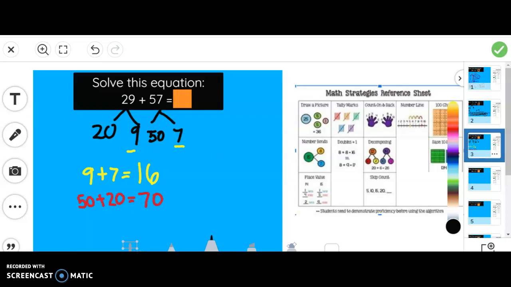When I add 70 with 16, I'm going to break that 16 up into 10 and 6. So I know I need to give one more 10 to 70, so I'd have 80 and 6. My final answer is 86.